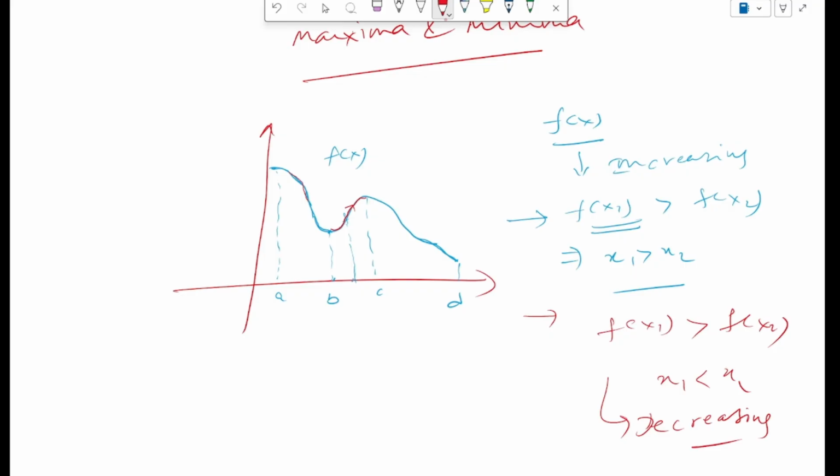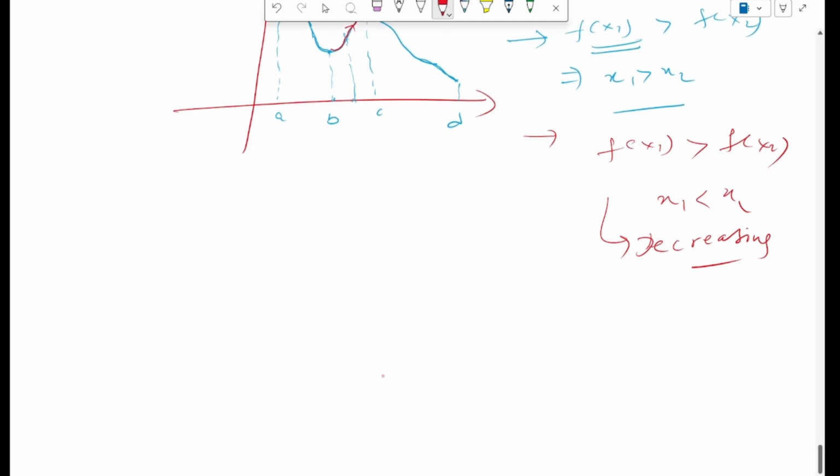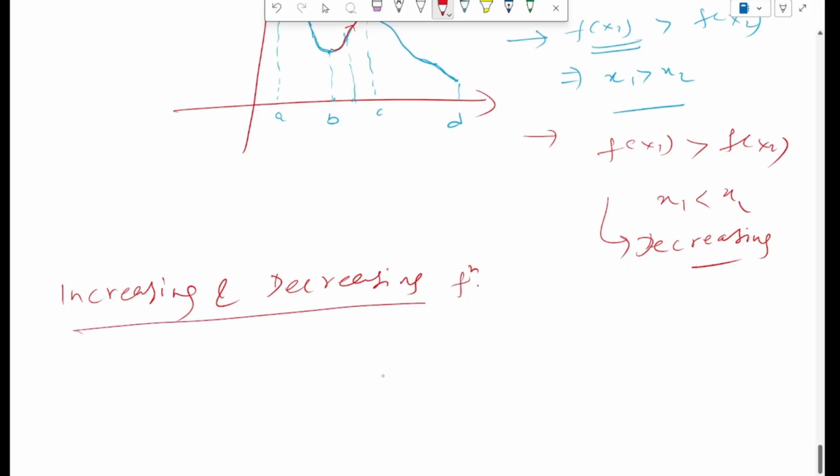Just now the part of the topic I explained is called increasing and decreasing function. This is the exact topic we are talking about currently.